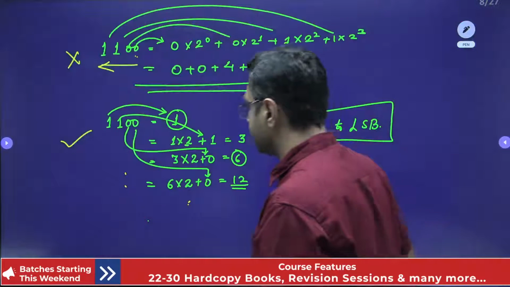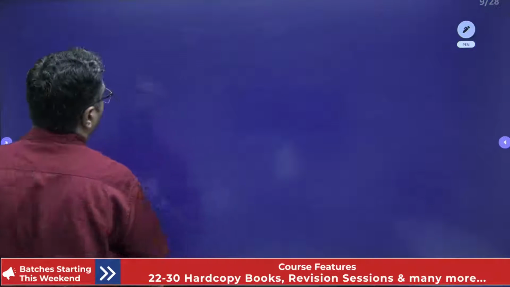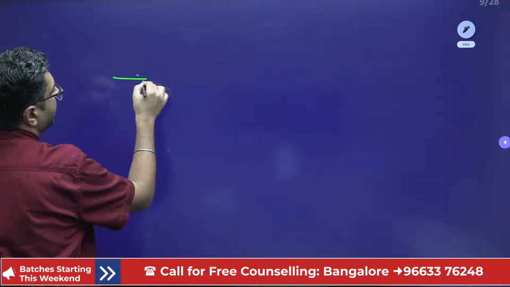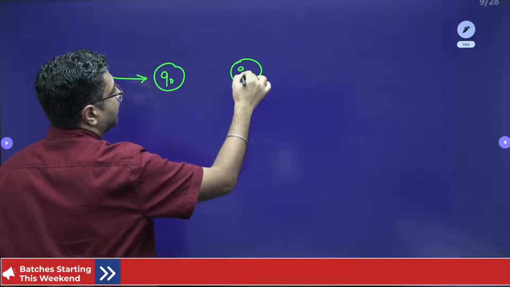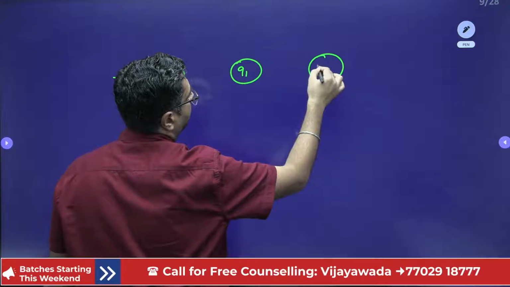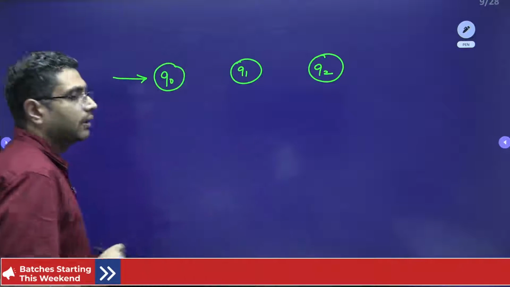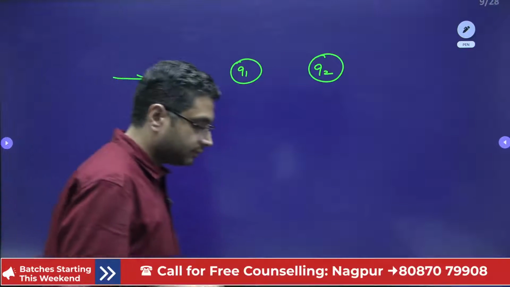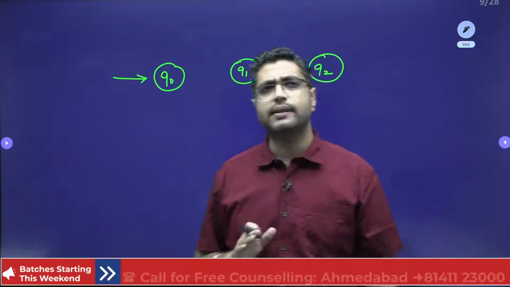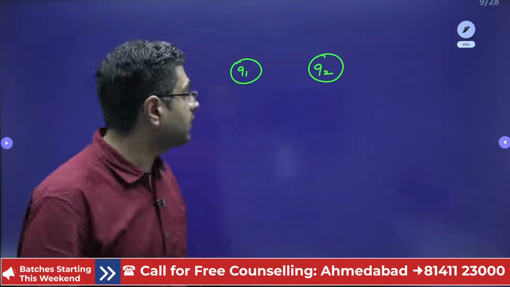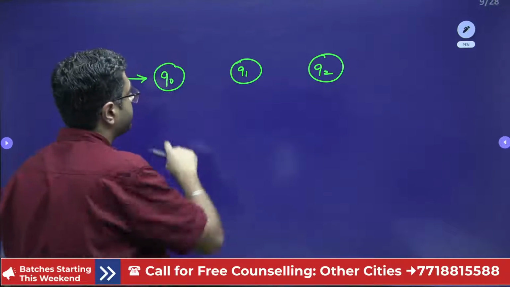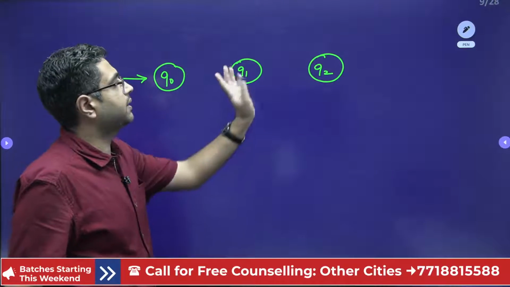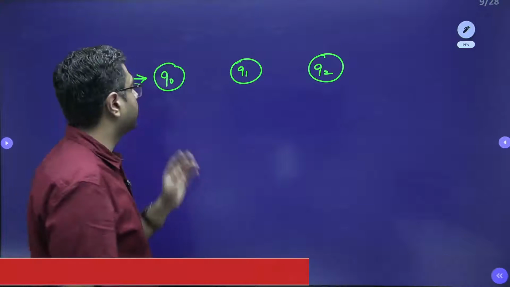So if you go by the traditional approach, initially we will be at Q0, then we'll go to Q1, then we will go to Q2. Now understand this point: initially we are assuming that Q0 is representing remainder 0, Q1 is representing remainder 1, Q2 is representing remainder 2.